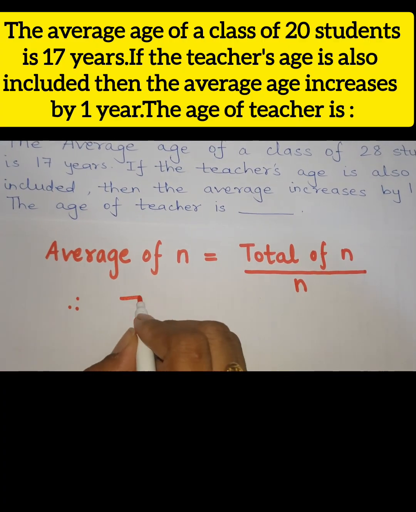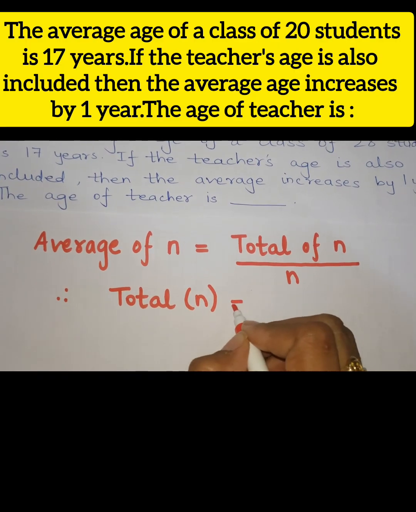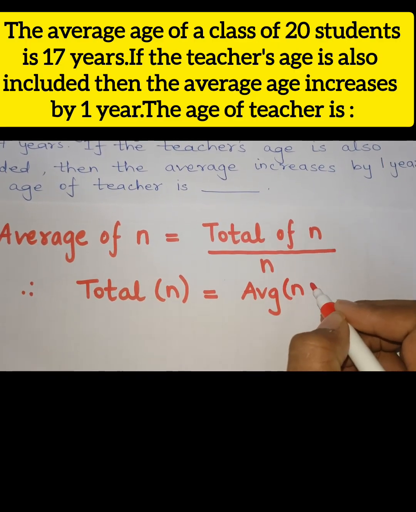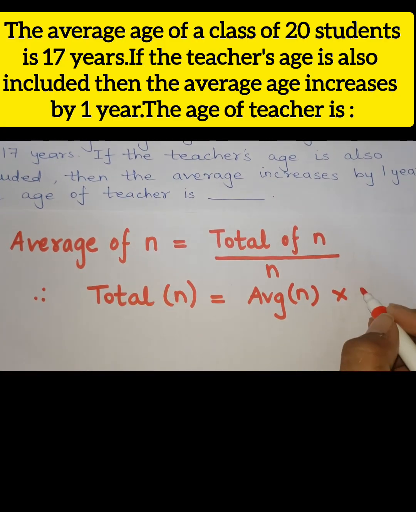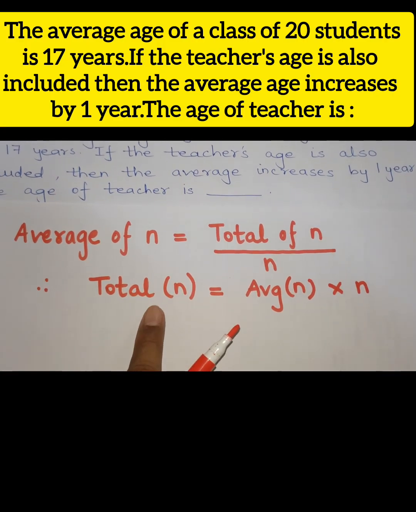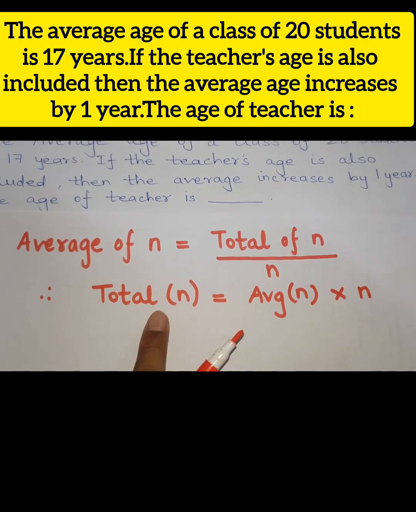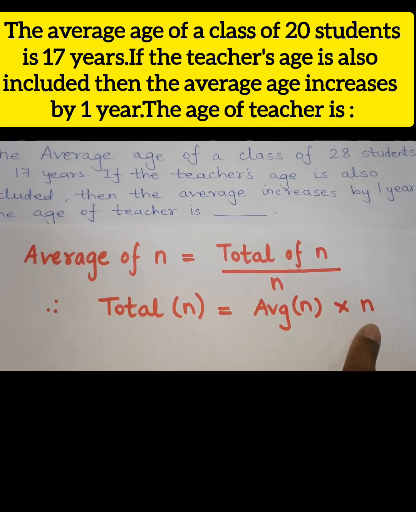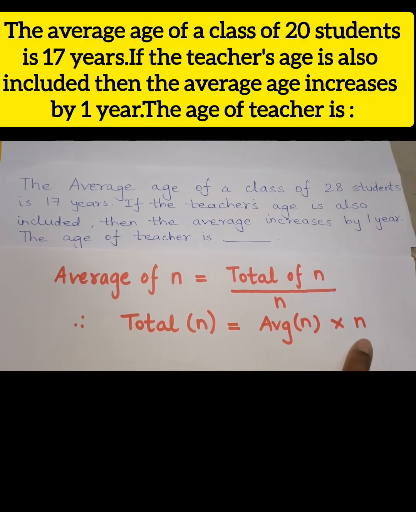Therefore, the total of n values will become the average of these n values multiplied by n. That means if I want to find the total of n things, the formula I can use is the average of those n things multiplied by the count n. Okay, so the same logic we are going to use over here.